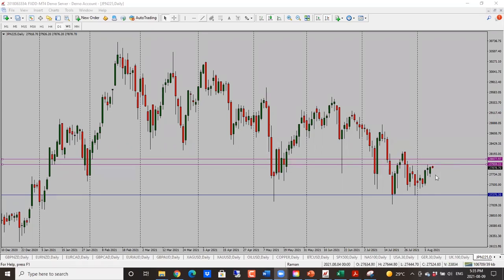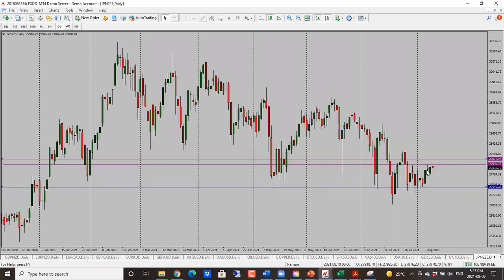So neutral to bullish bias, I would be careful with the bullishness just because of how close it is into resistance. If it holds below here, we are basically back into the range. It has been stuck in this range for a couple of weeks here, so it could continue lower. So keep that in mind. So neutral bias for now.